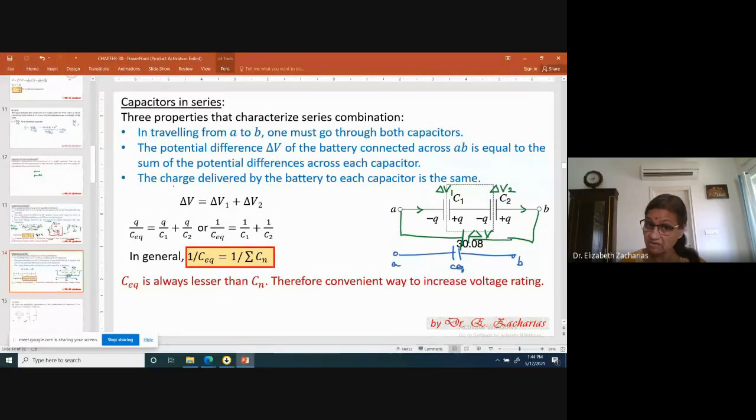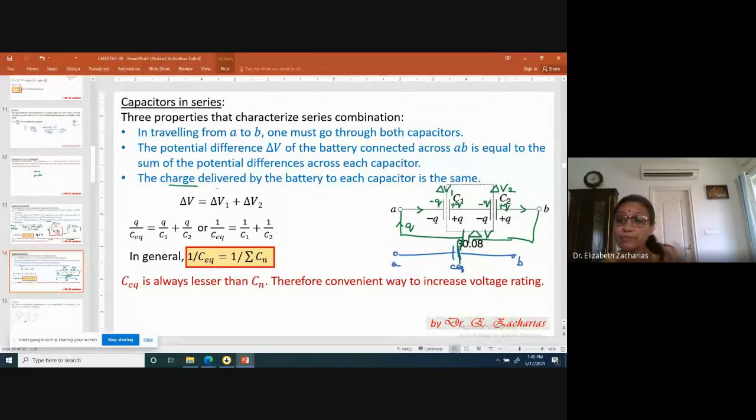The third point is that, again, this comes from conservation of charge, and your charges are able to go only through one path. Therefore, if Q is the charge that's going to be carried, and I say there is a minus Q here, then this plate will have a plus Q, and similarly this will have a minus Q, and this plate will have plus Q. If I talk of n number of capacitors also, it will be the same.